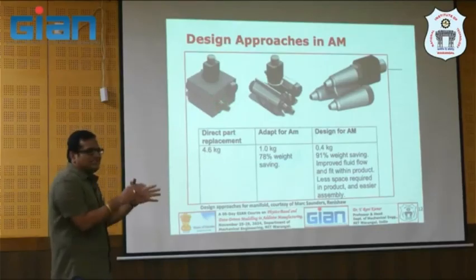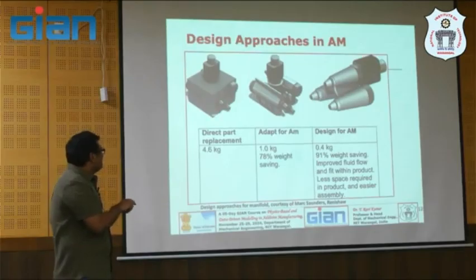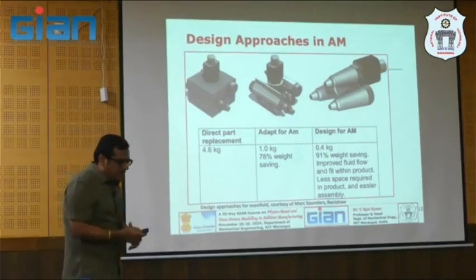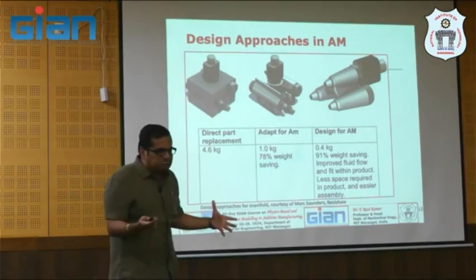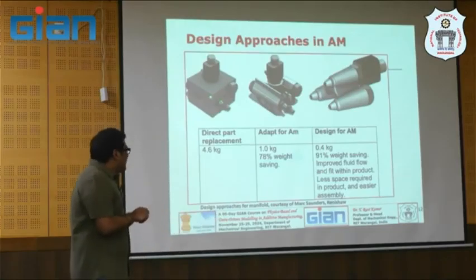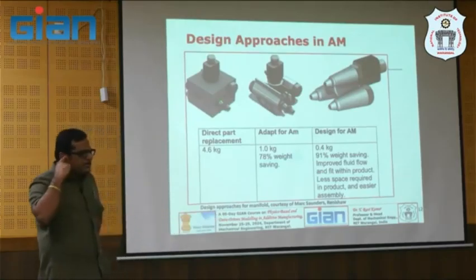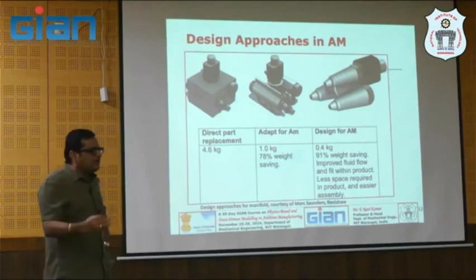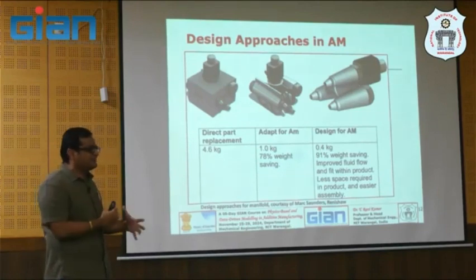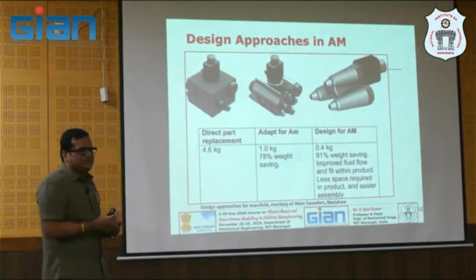Because you have all these 6 faces, and everything is arranged around those 6 faces. You have arranged your inlet and outlet there. Your designer might have been constrained by the manufacturability of this design. So that is the biggest thing.